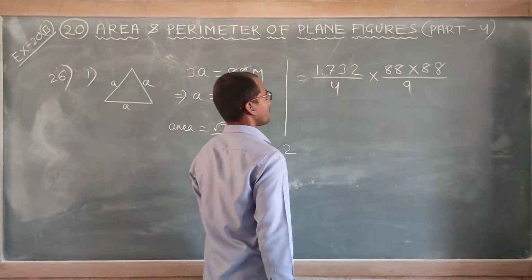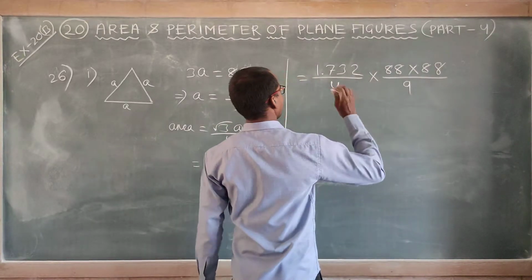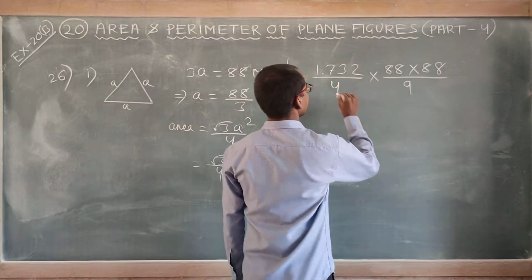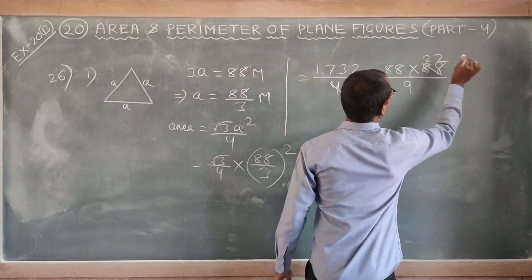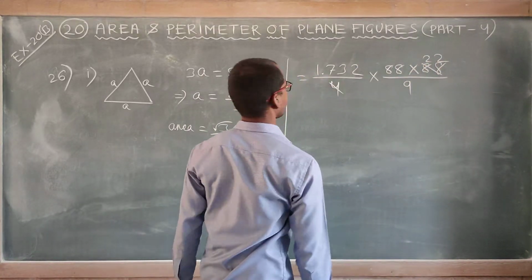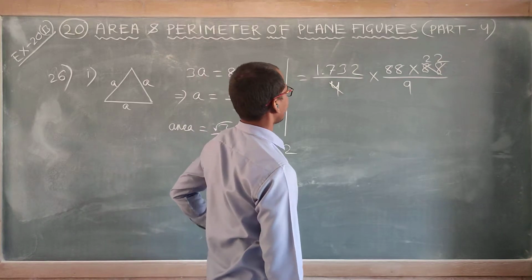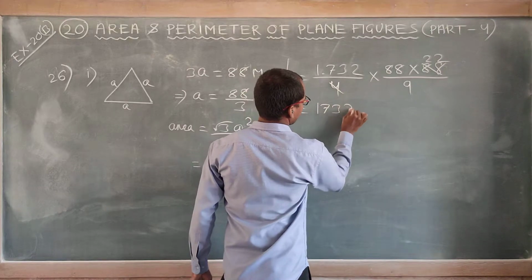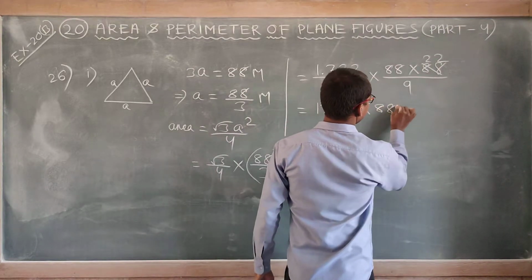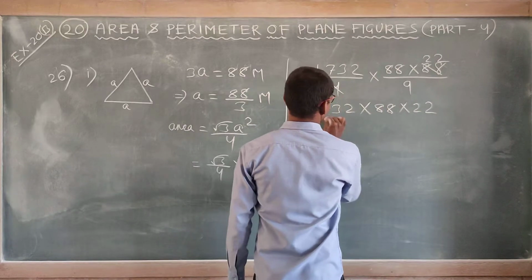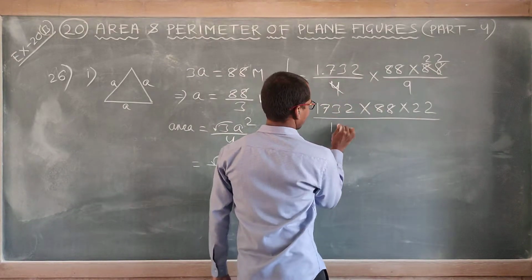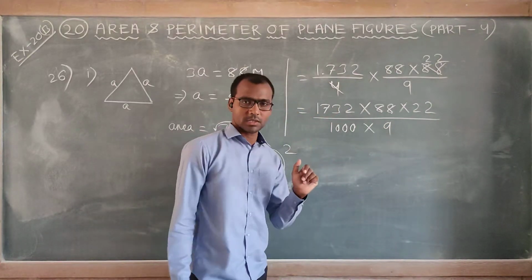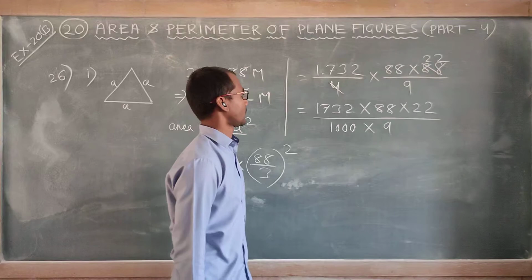So what to do now? 4 into 22, 22. Ready? 4 into 22, 22. 88 meter. Now 1732 into 88 into 22 by this is 1000. This is 9. Let us not disturb this 1000. It is very helpful. Okay.